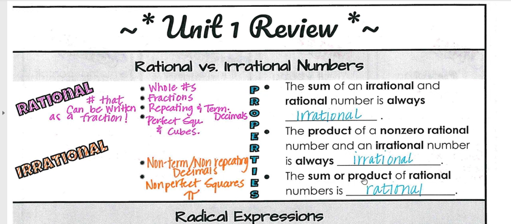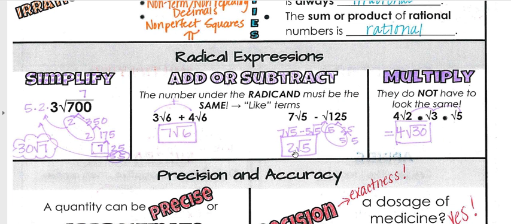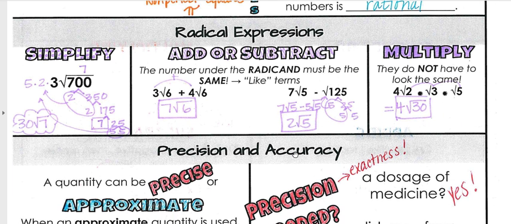And the sum or product of rational numbers is going to give you a rational answer. So if you add two rationals together, or multiply two rationals together, you're going to get a rational answer. So let's take a look specifically at some radical expressions.